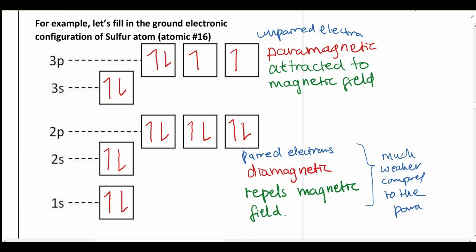Essentially, if there's a magnet, it repels the magnetic field, but it repels it weakly, whereas when it's paramagnetic, it attracts it a lot more. So if you have any paramagnetism at all, it's going to dominate the properties of your molecule. So whenever you see unpaired electrons at all, they're usually referred to as paramagnetic atoms or molecules and so on.